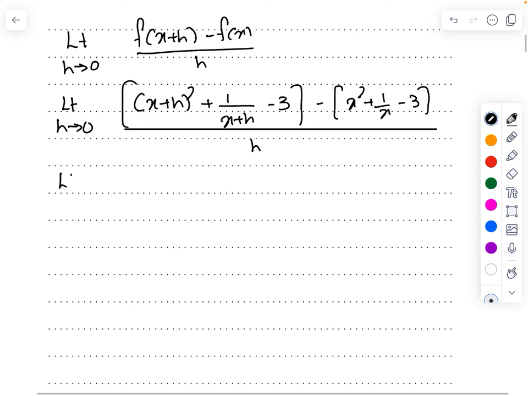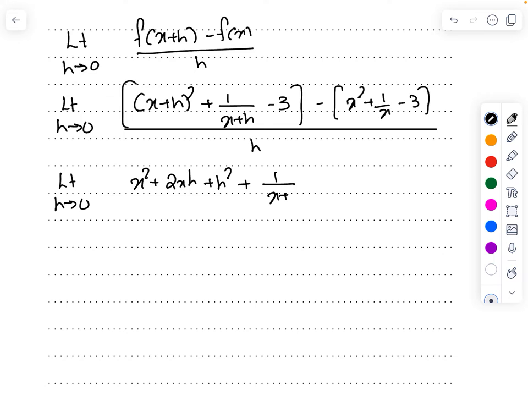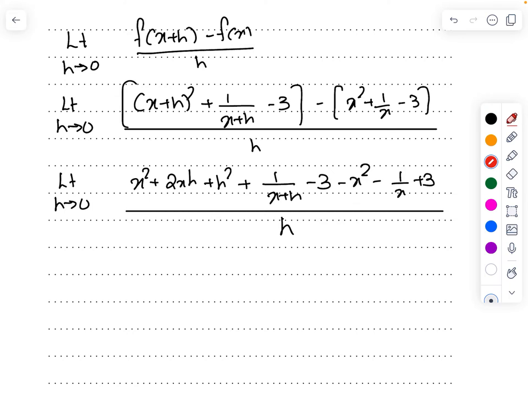Now expand that one. Limit h approaches 0, x squared plus 2xh plus h squared plus 1 upon x plus h minus 3 minus x squared minus 1 upon x plus 3, divided by h.